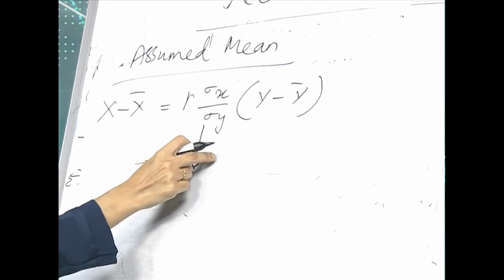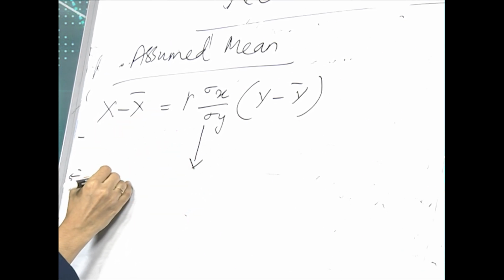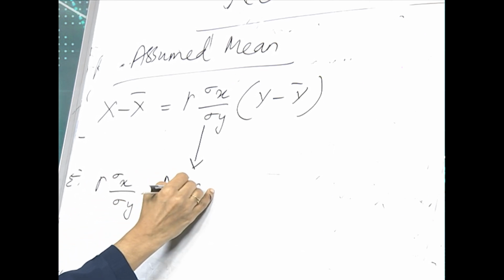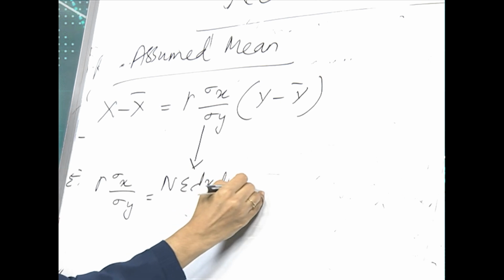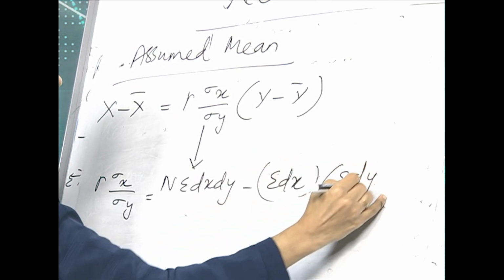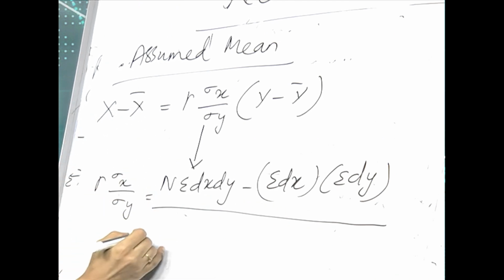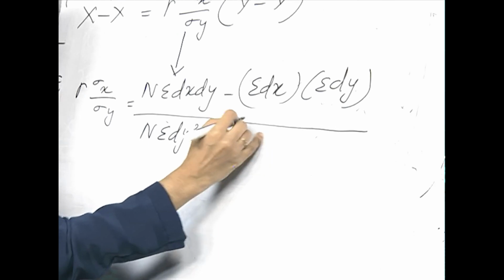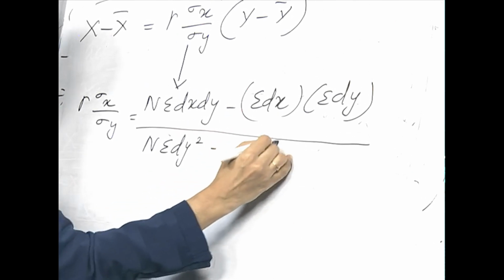This changes because this is coming from the assumed mean. So, this goes like this. This is how you represent deviations from the assumed mean. The formula looks lengthy, but when we solve, it becomes easier for us to solve.